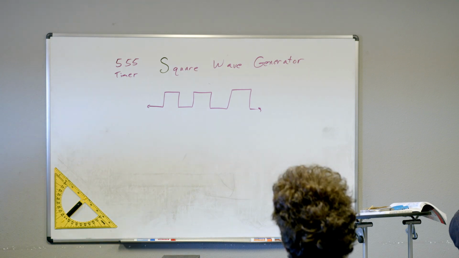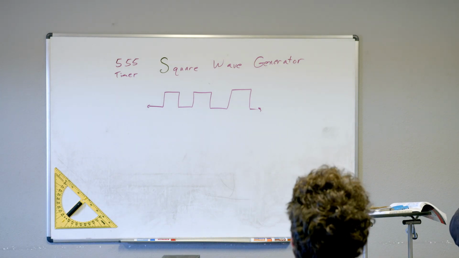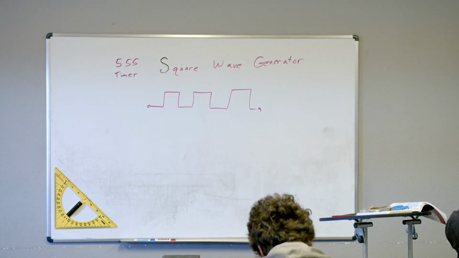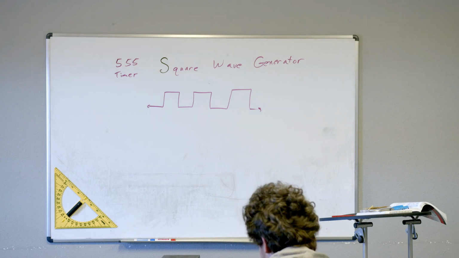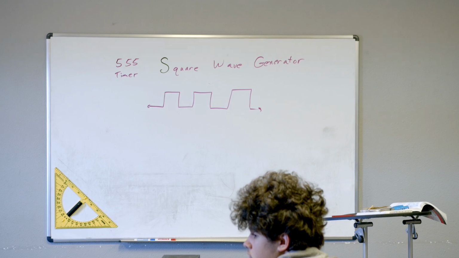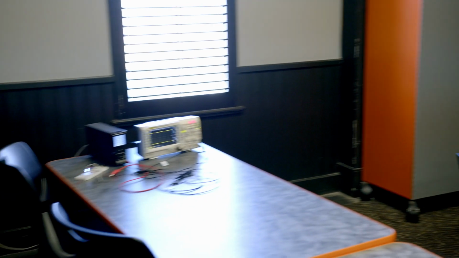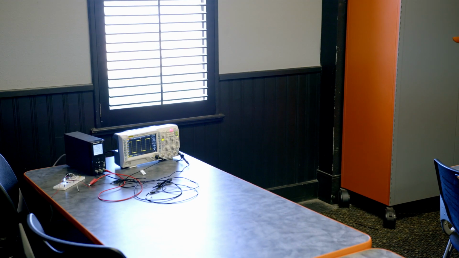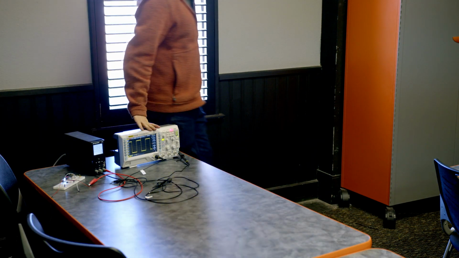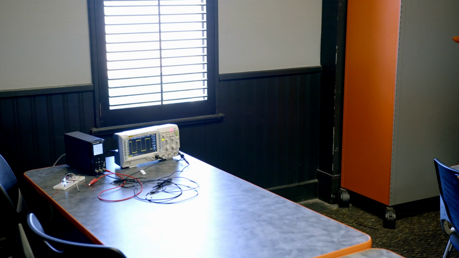Whenever it works correctly, and we get the output on the 555 timer on the oscilloscope, it'll look like this. See that little yellow signal there? Let me flip the camera around. It'll look like that. So that's what we're trying to make. You've made one that worked before, the one that made the LED blink on and off, right? Because this would be LED is on, this would be LED is off.